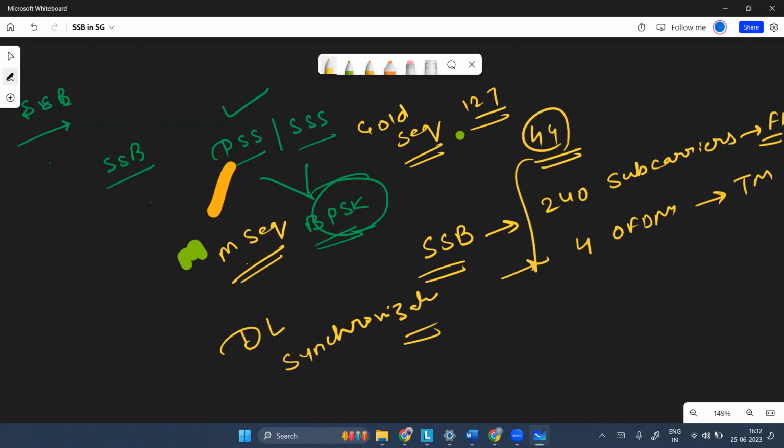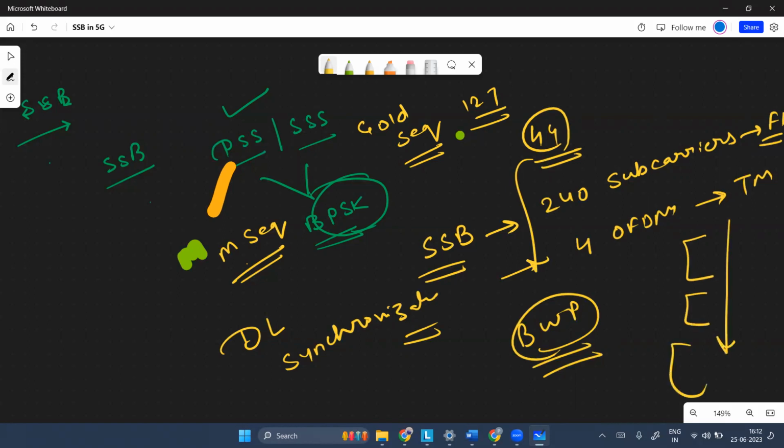Why? The simple thing is we have the concept of BWP in 5G, where we have different bandwidth parts across your frequency band. So you cannot have it at a single center frequency, because this bandwidth is not fixed, and you can have multiple bandwidth parts in 5G. So according to that, the position of SSB would vary in the frequency and the time domain, right?